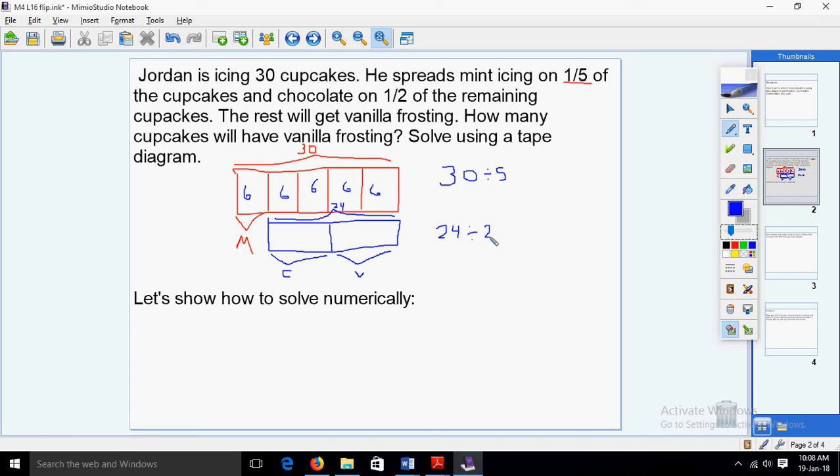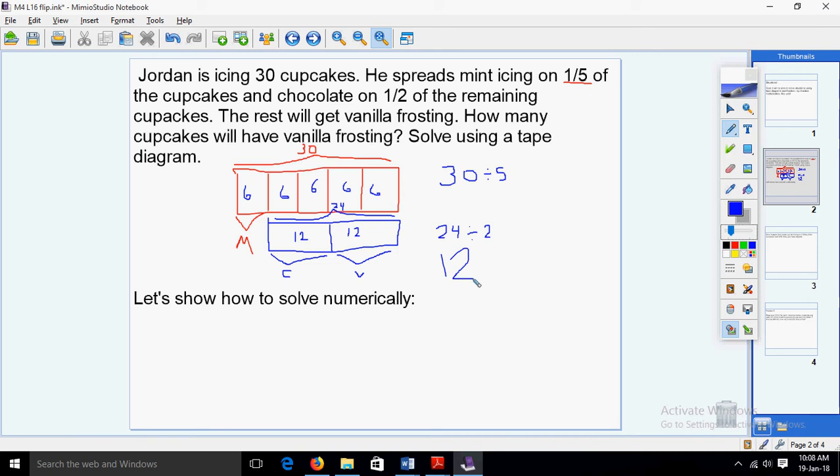It's totally up to you. But then I can figure out that it is 12. So he made 12 chocolate and then 12 vanilla. We have now answered our question because it's asking how many cupcakes of vanilla frosting, and there are a whole 12.